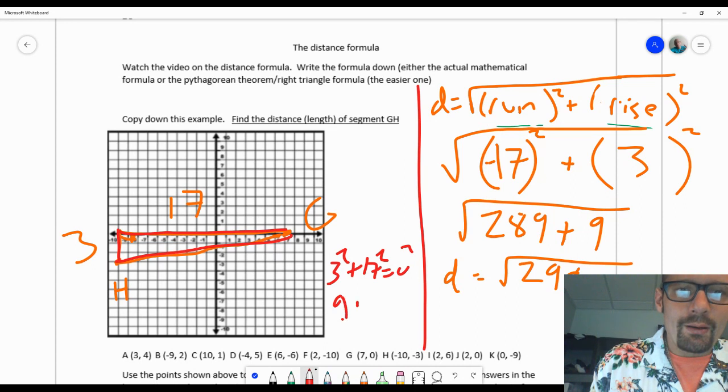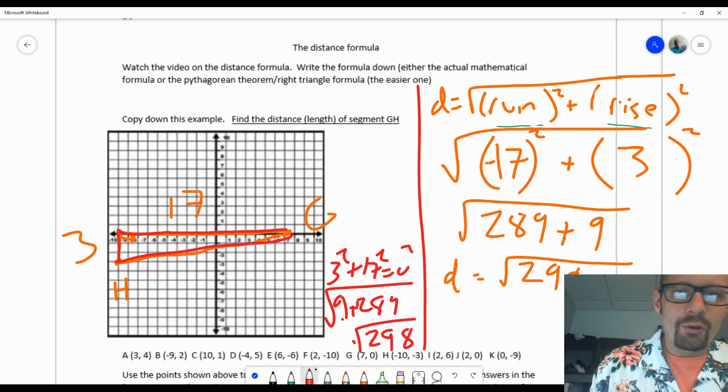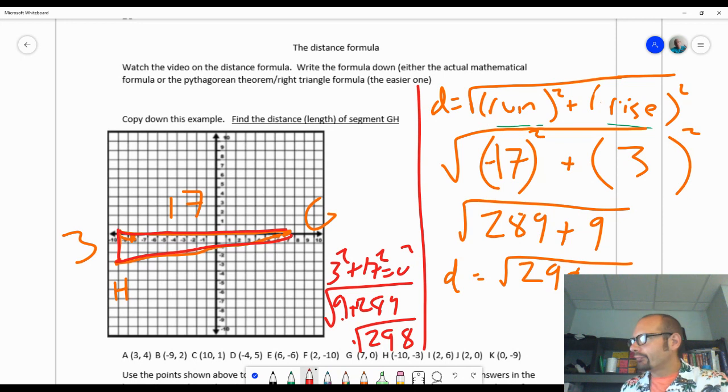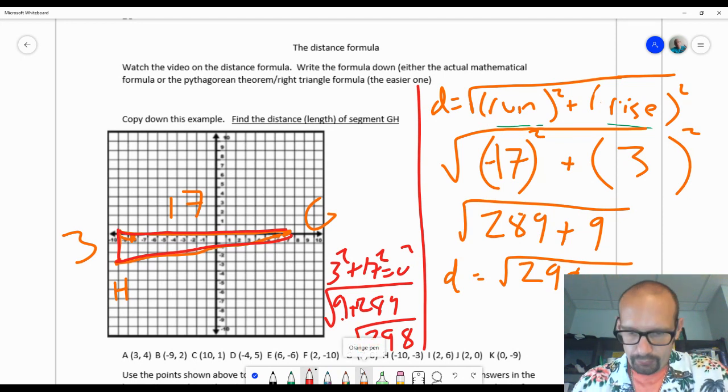So we get 9 plus 289, and we square root it, which is 298. And so that would be our answer, square root of 298. So the distance formula is really just the Pythagorean theorem in disguise.